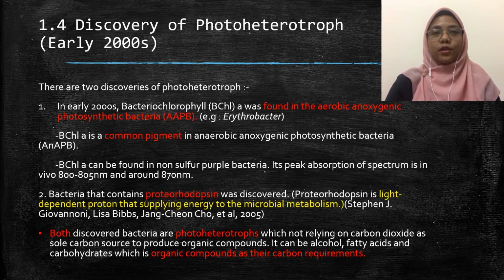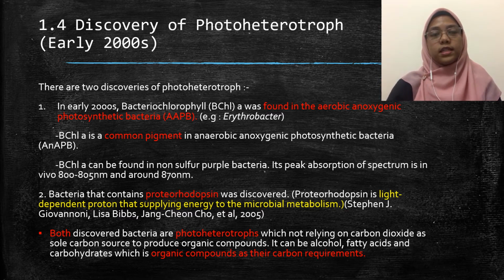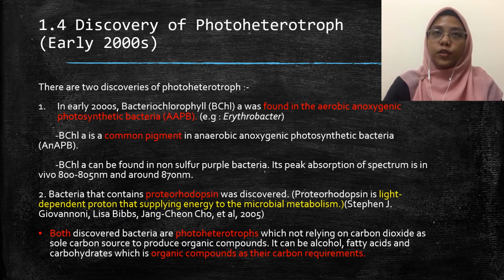Now we move to point 1.4, which is the discovery of photoheterotrophs in the 2000s. There were two discoveries of photoheterotrophs. The first one: bacteriochlorophyll a was found in aerobic anoxygenic phototrophic bacteria, AAPB, such as Erythrobacter.